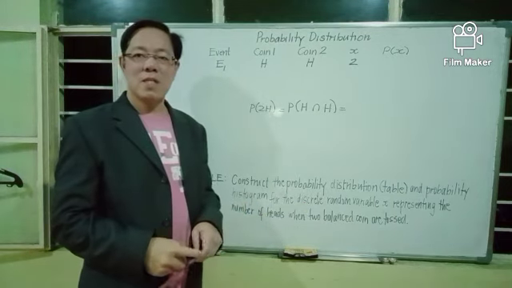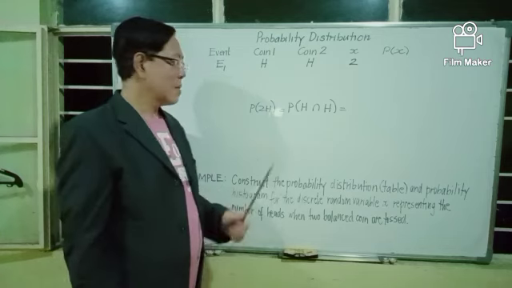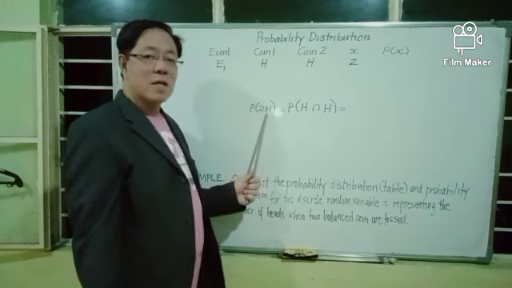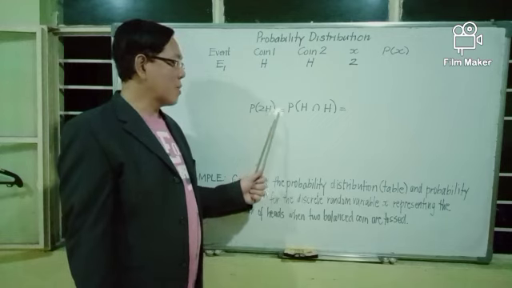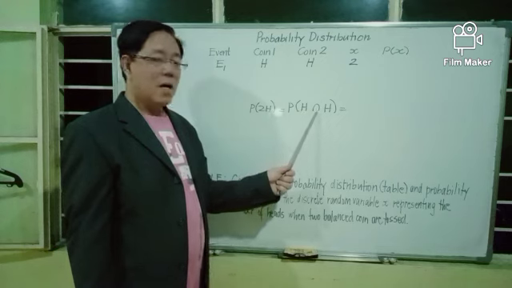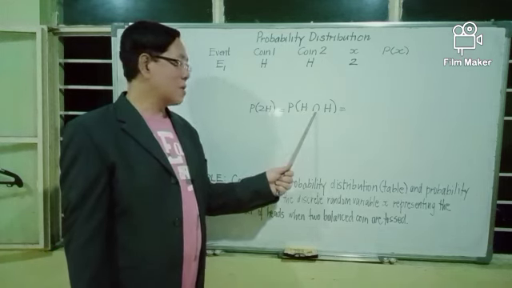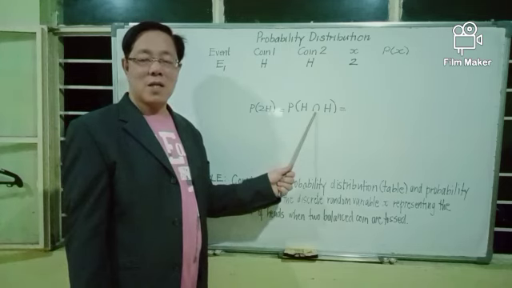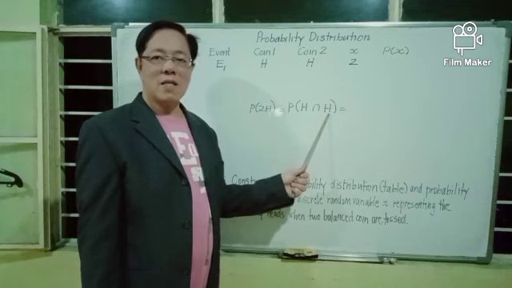The probability of getting 2 heads can be obtained by the multiplication rule for probability. The probability of getting 2 heads in tossing 2 balanced coins at the same time equals the probability of getting heads in the first toss, and, the word "and" in symbols is represented by intersection, heads in the second toss.